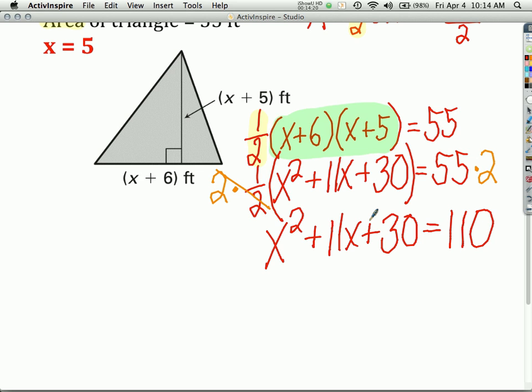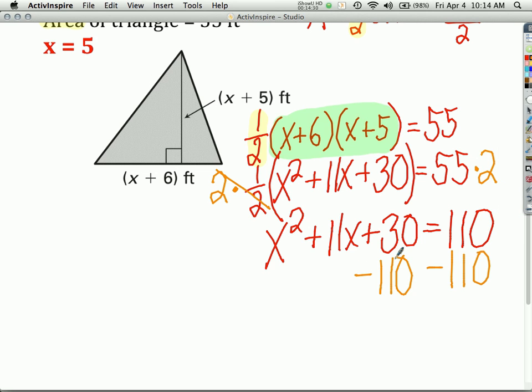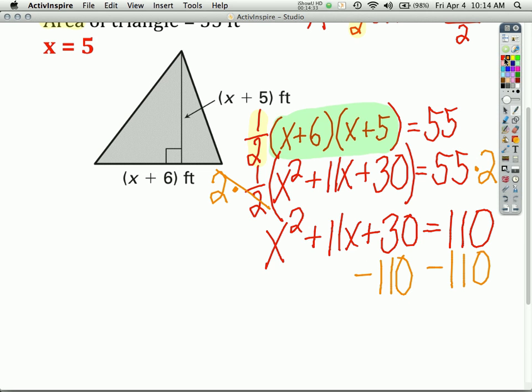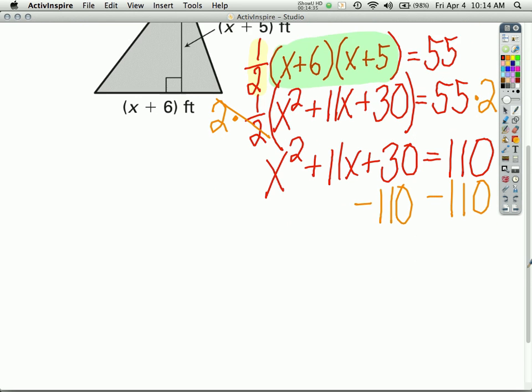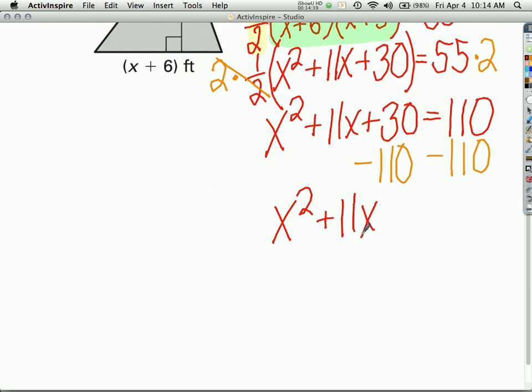So how do I get the 0 over here? Edgar, what do I do? Yeah, subtract 110. You've been doing this since last year. Subtract 110 from both sides. And so now here's where we're at. X squared plus 11x minus 80 equals 0.